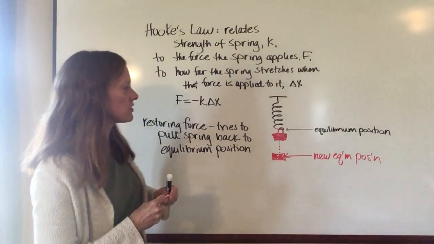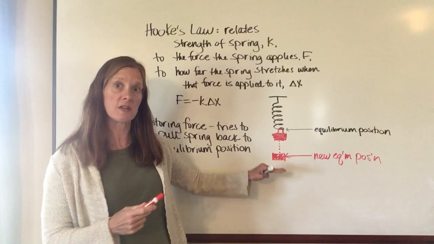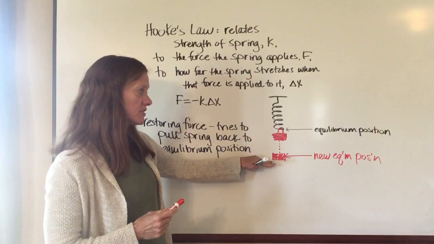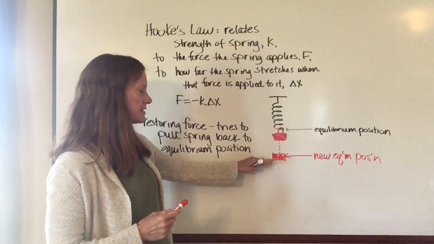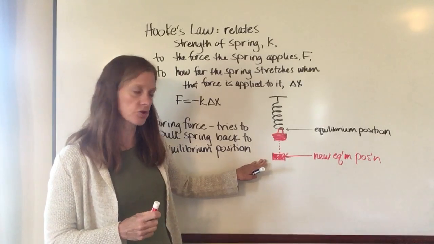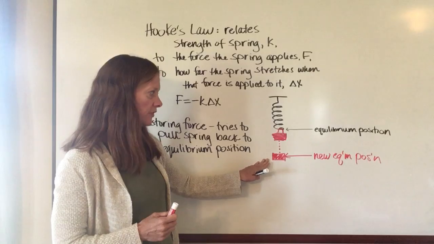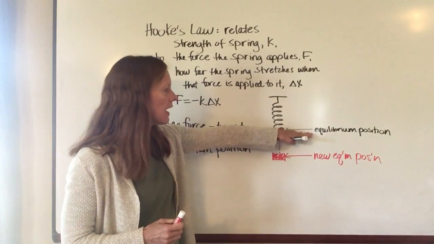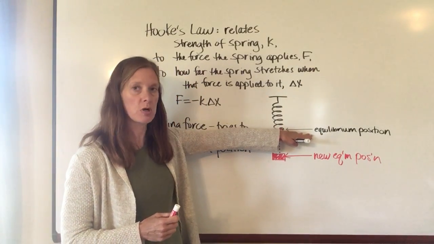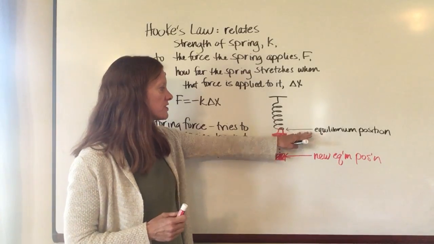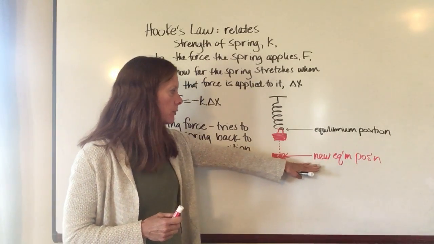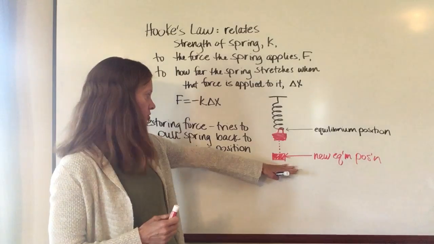Once it stops bouncing, this is its new equilibrium position, because now there's no net force on the spring, since the mass will have stopped moving. The black line is the equilibrium position of the spring with no mass on it. Once I hang a mass on it, it has a new equilibrium position.